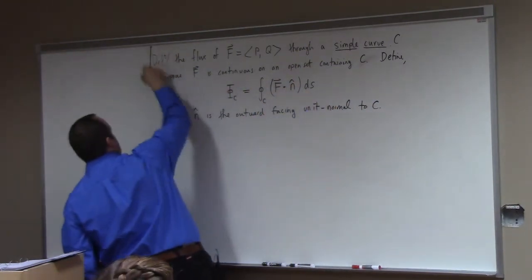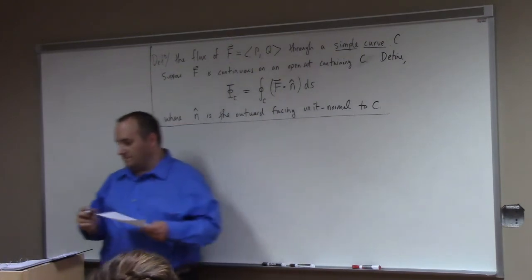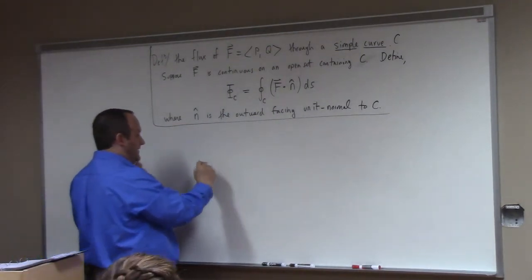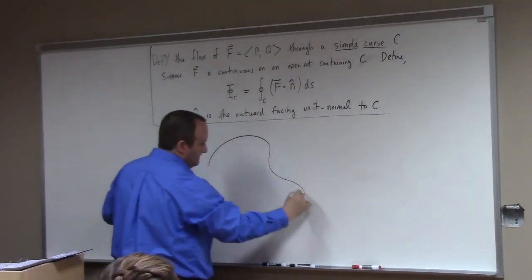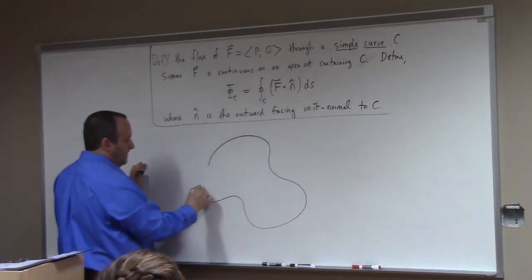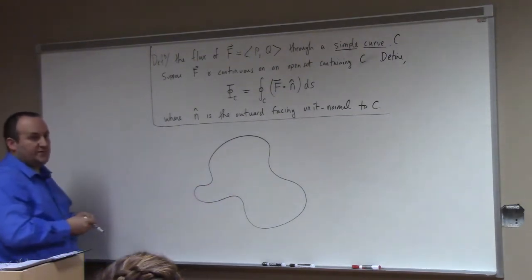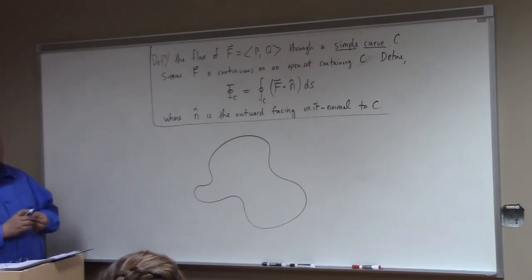Now, I think a picture is in order. C could be something like that, for example. So there's clearly an inside and an outside to C, right?